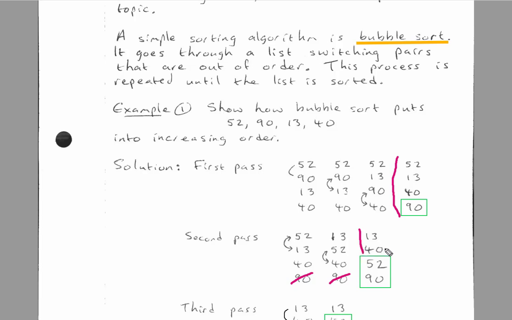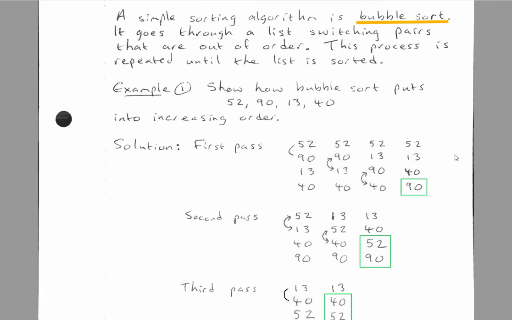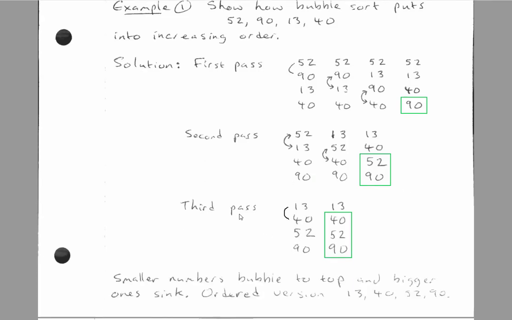These are also correct, but in general, we'd have to check these. So third pass, just checking these, and these two we don't need to change. So these three are now correct, and this first one's also correct.